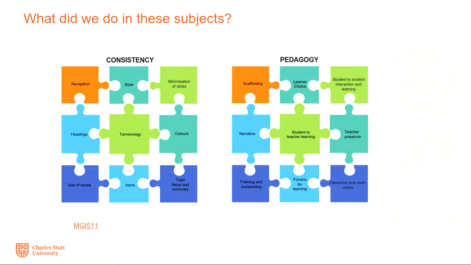Scaffolding, of course, and learner choice, but not too much choice for online students, because that can be really challenging. Student-to-student interaction and teacher presence, again, I've covered a lot of these already. Forums for learning, framing and bookends, and a narrative that runs through the sites.